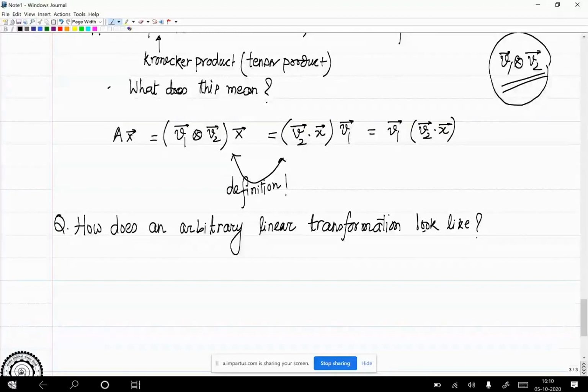For example, think of a coordinate system fixed to the ground, okay? And think of a vector fixed to a rigid body. Then you throw the rigid body, and the rigid body starts to rotate and translate in space.